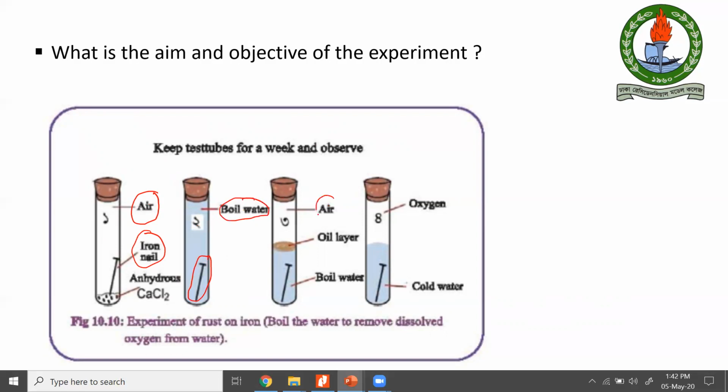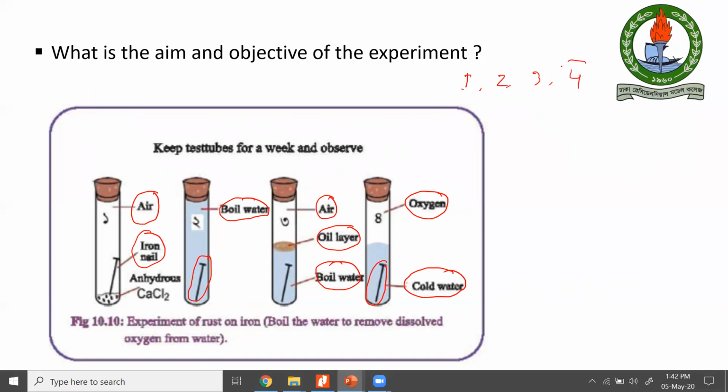In the third test tube, we have air, an oil layer, and boiled water. In the fourth test tube, we have oxygen, cold water, and an iron nail. So this is test tube 1, then test tube 2, test tube 3, and test tube 4.